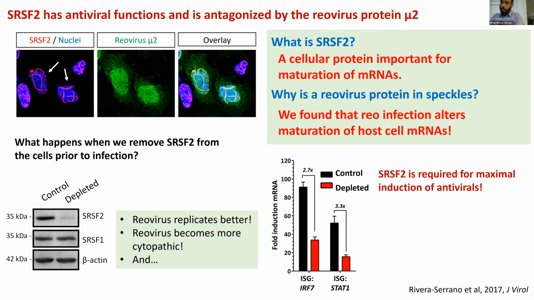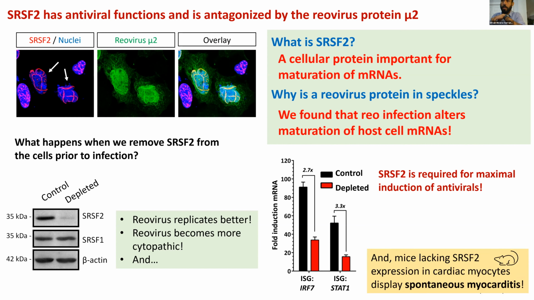If you just remove it, then the magnitude of some of those antivirals that our cells will normally produce is impaired. So somehow SRSF2 is important to mount an efficient antiviral response. And this virus is trying to do its thing to get rid of it as much as it can.